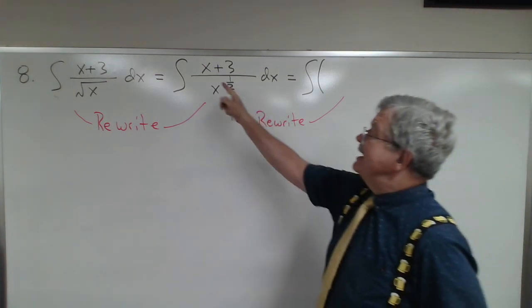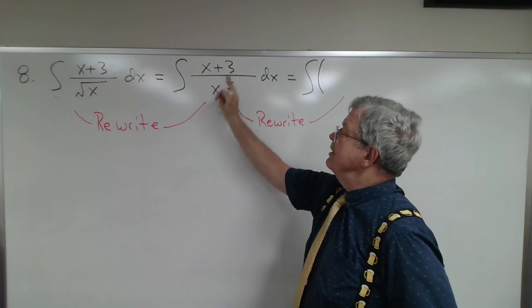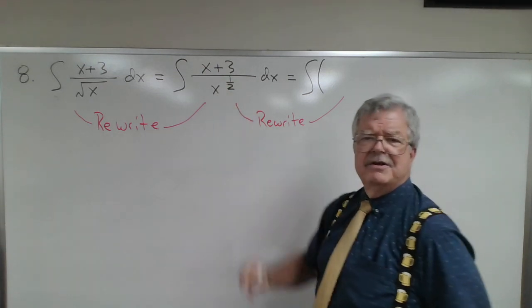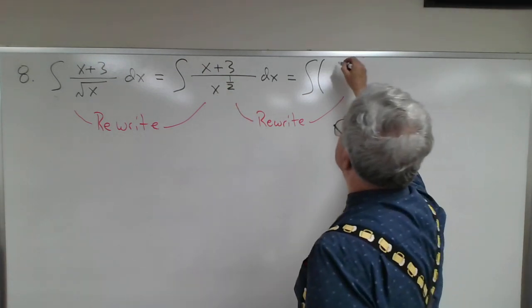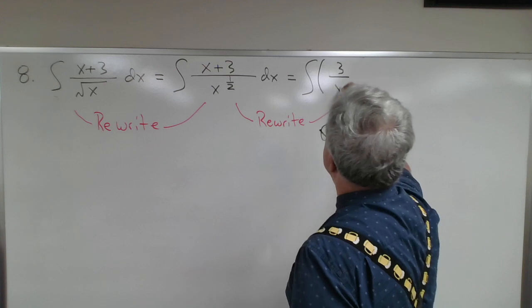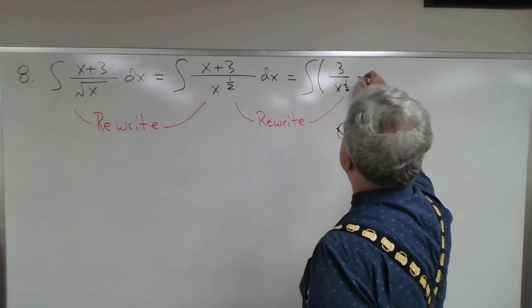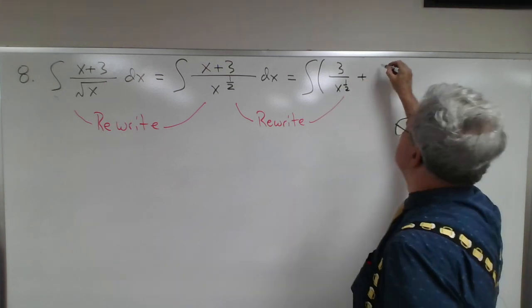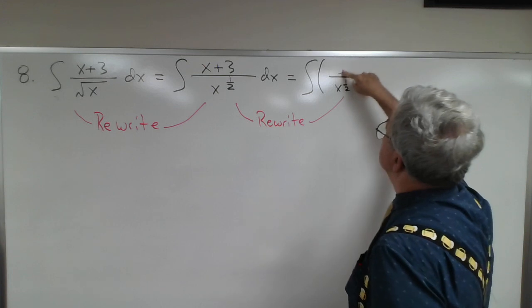So I'm going to take each term of the numerator and write it separately over the denominator. Whoops, that's not right.